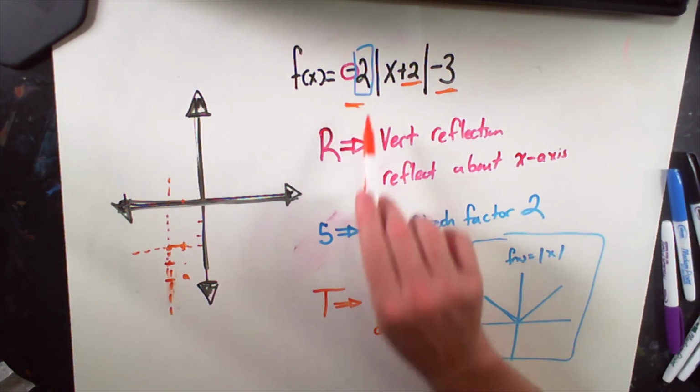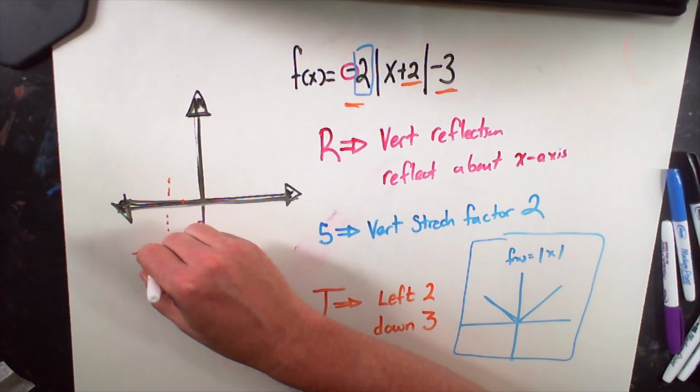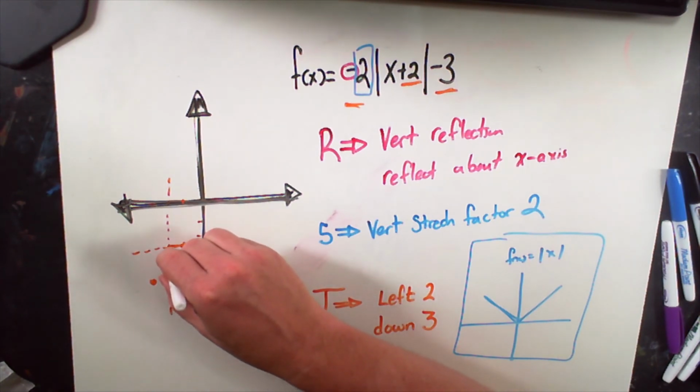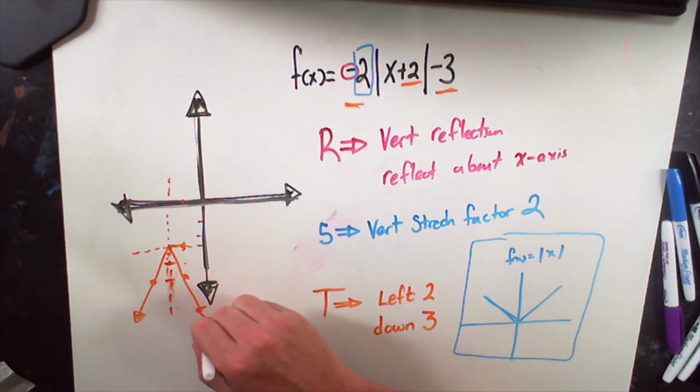That's this number right here. On the other side, we go over 1 the other way, down 2. Because it's a V, connect the dots. There's our graph. We have taken care of the vertical reflection. It's moving down, stretched by a factor of 2, because we went over 1, down 2, and we have moved it from where it originally started, left 2, down 3.